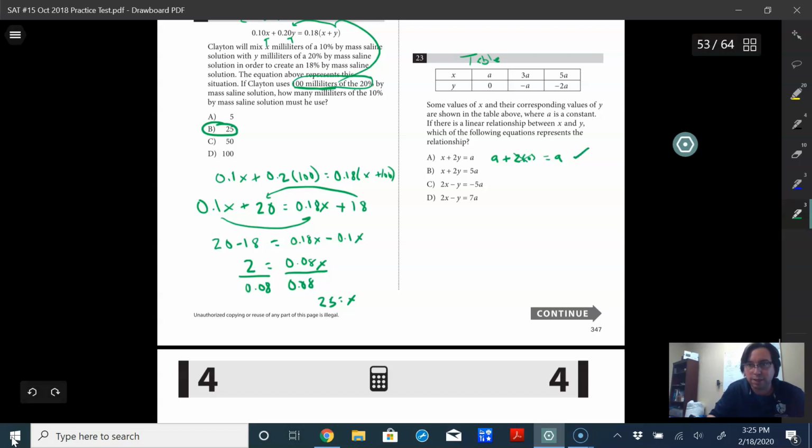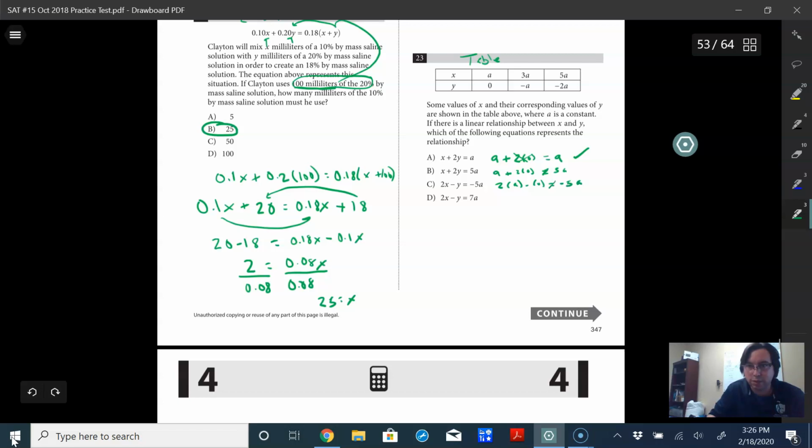If you try all these others as well, you see a plus 2 times 0 equals 5a. Those do not agree with each other. And for that reason, 2x, that's going to be 2a minus, where y is 0, equals negative 5a.